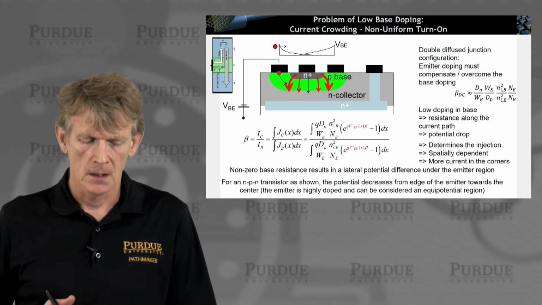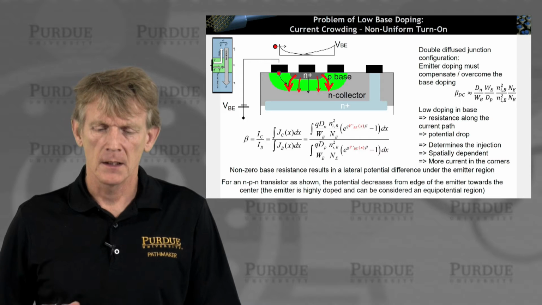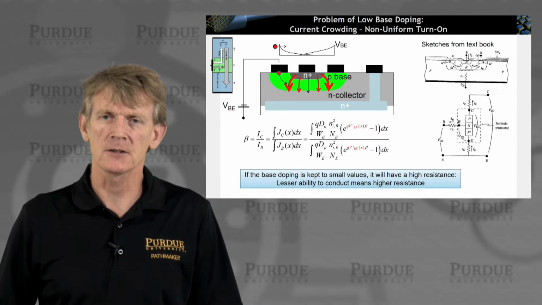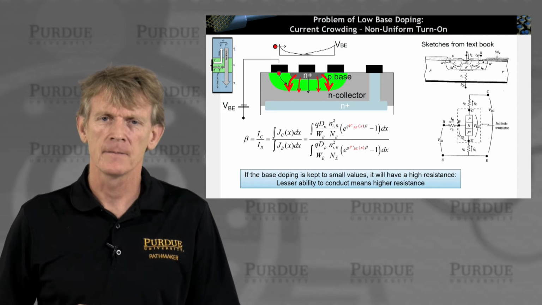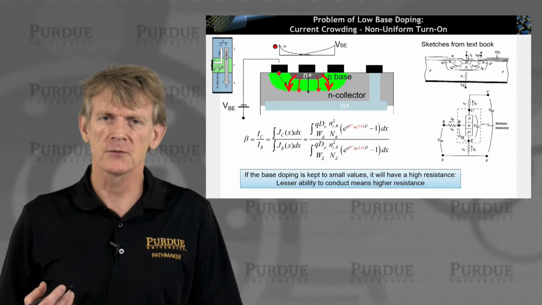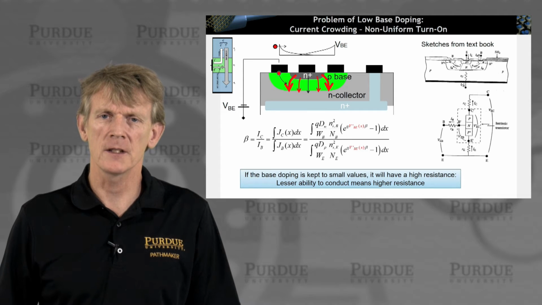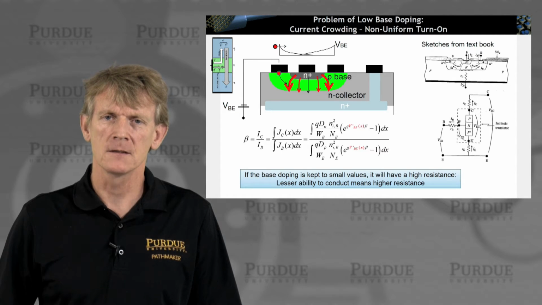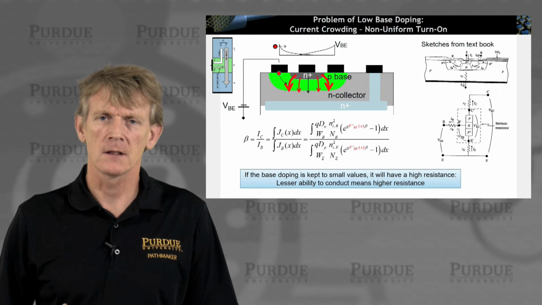All right, so if that's the case, you will have resistive losses. There is a discussion of that in the textbook. So just reducing the doping in the base would increase the resistive drops in the base region, and that means higher resistance.